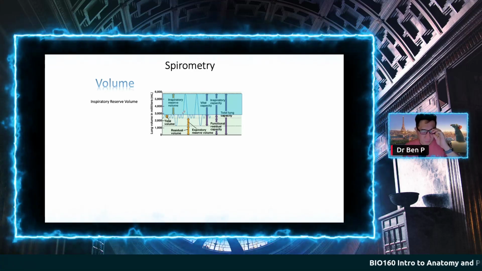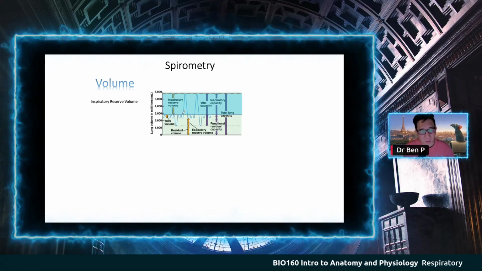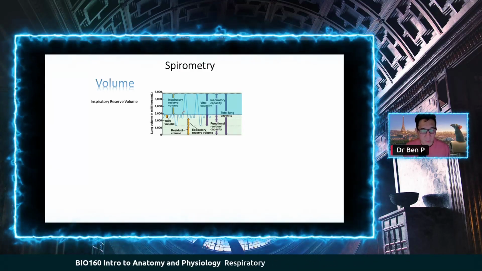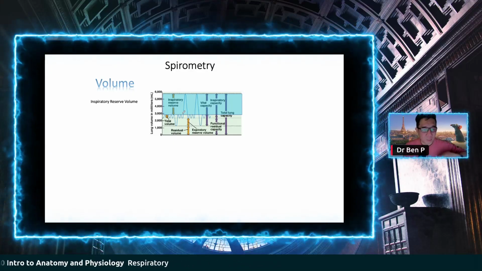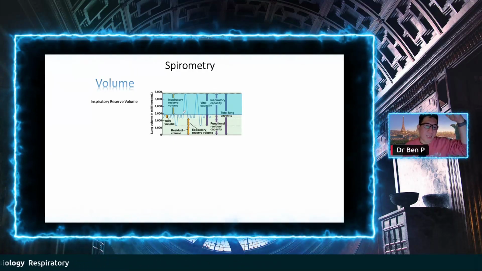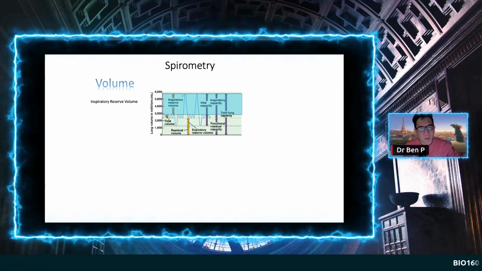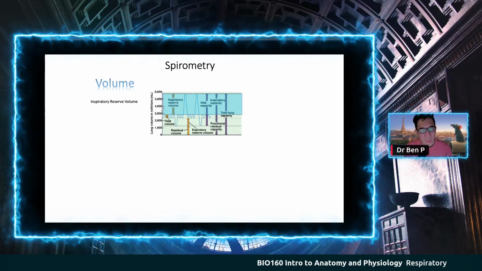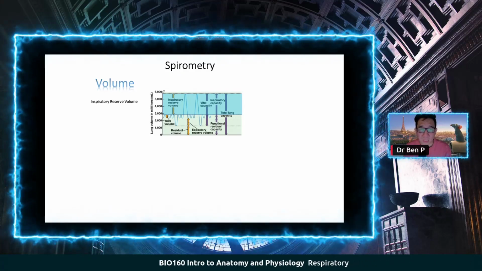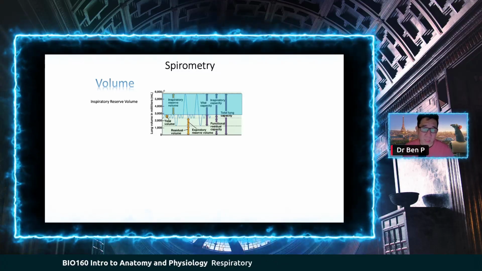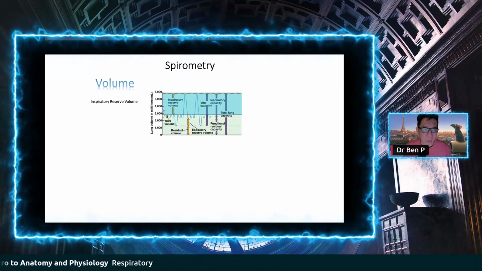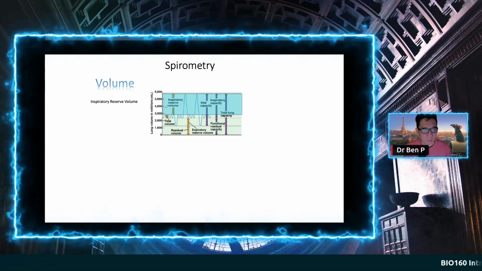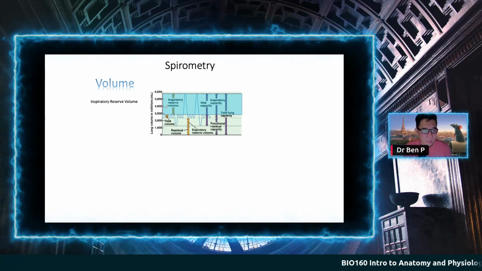If I ask you to take a normal breath, and then you breathe in, breathe in, breathe in, you take that breath all the way to the top. How much you can breathe in varies from person to person. The more you train, whether athletics or meditation, the more likely you are to have more inspiratory reserve volume.